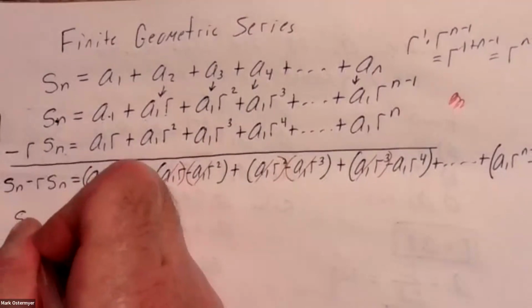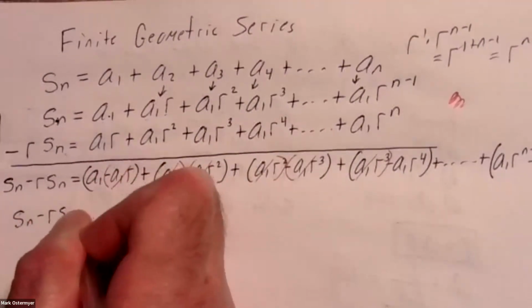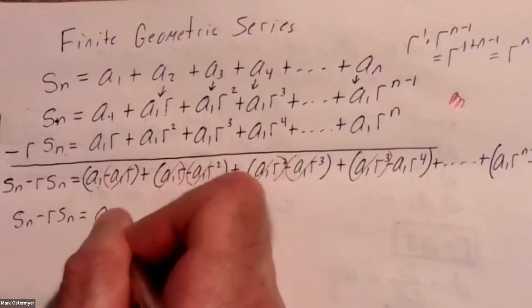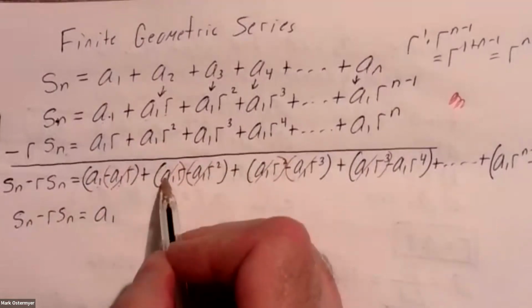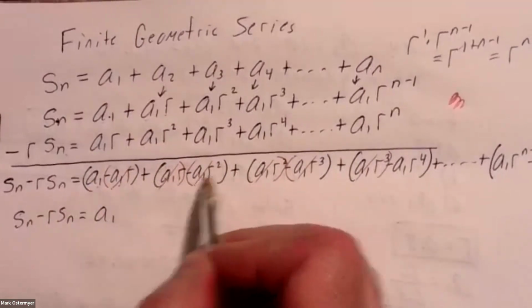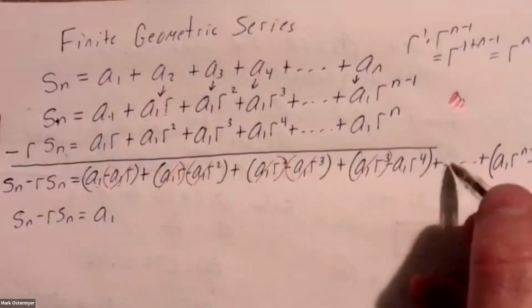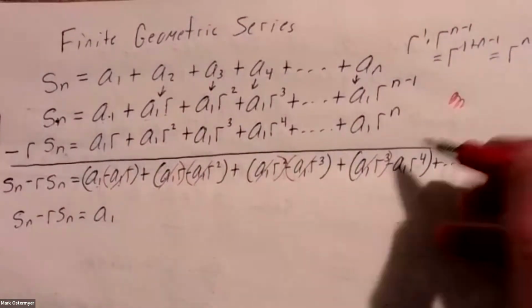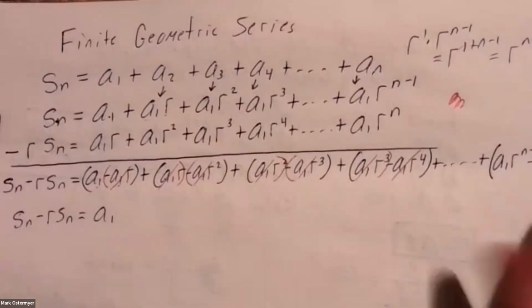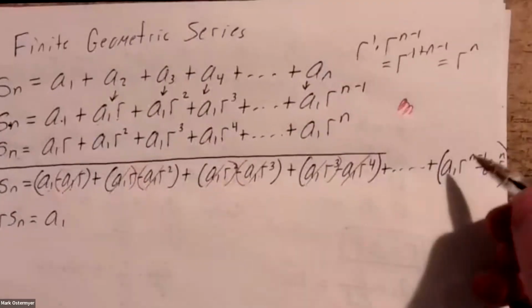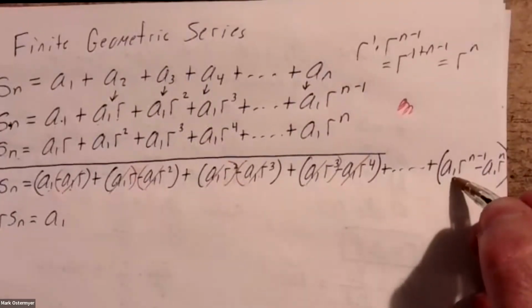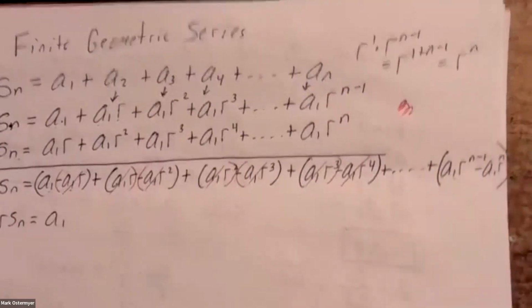So what I'm left with then is my first lonely term here. This is gone with this. These are opposites. These drop out. These drop out. This would drop out the next one. It's not shown here, but this would be gone. And this would drop out, ladies and gentlemen, with the previous term that's not shown.